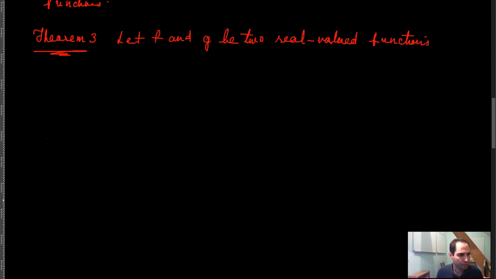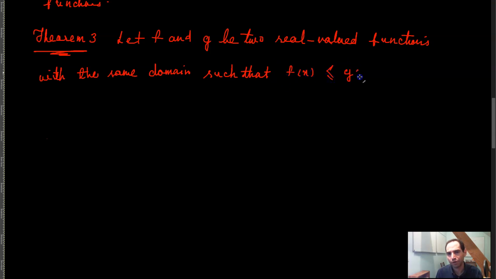Now, the theorem says: let f and g be two real valued functions with the same domain, such that f of x is less than or equal to g of x for all x in the domain of definition.